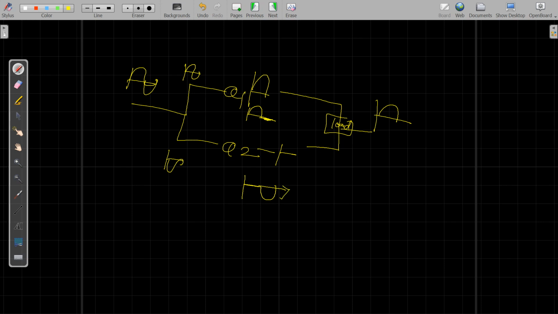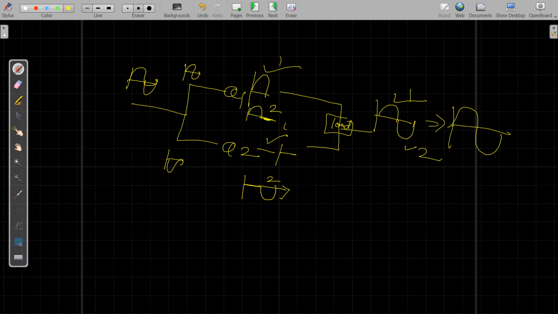Now if you see, when the positive half cycle comes, this is the output in the first case. In the second case, this is the output, therefore I am going to get the negative half cycle as well. When I combine both, I am going to get the output for the entire duration of the cycle.